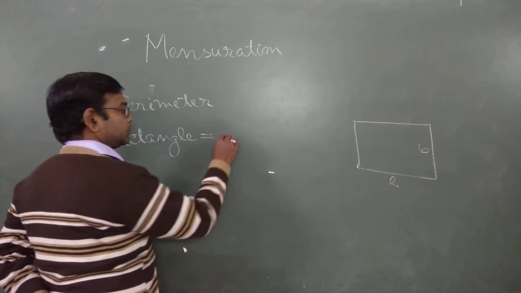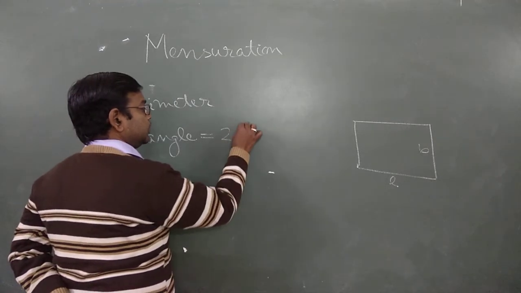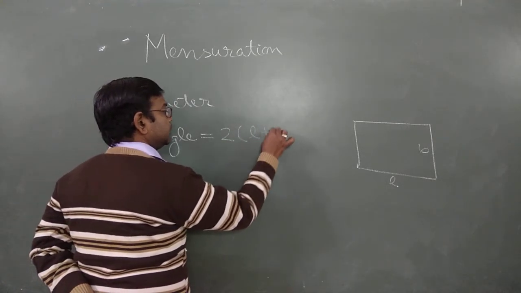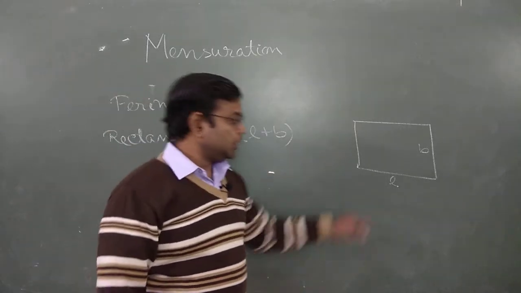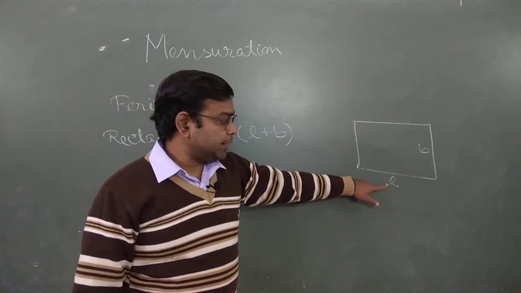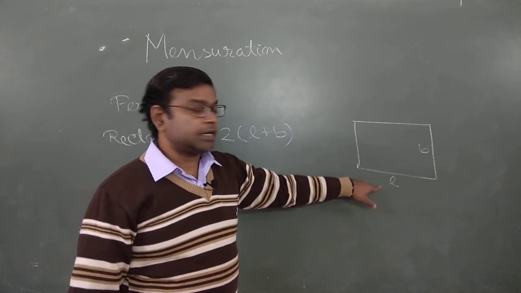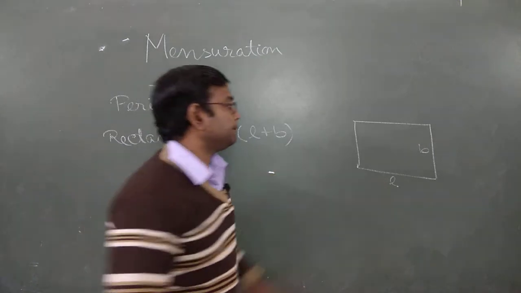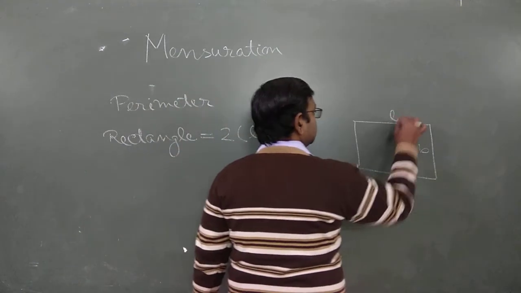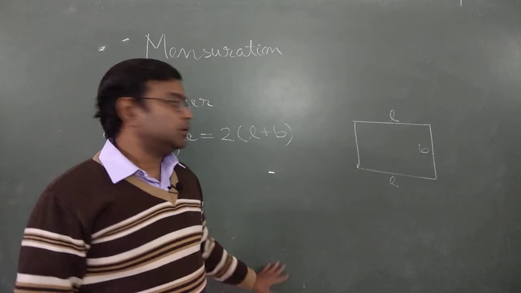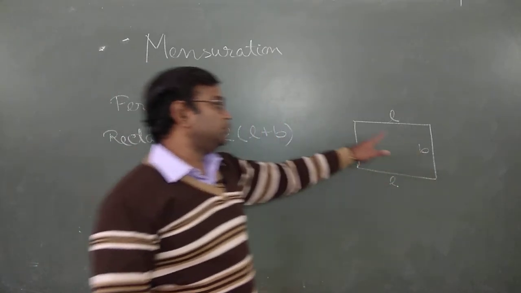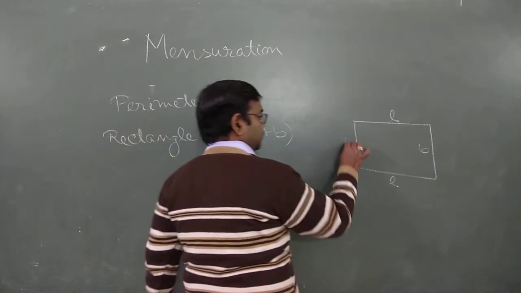It's 2 into length plus breadth. How does this come into the picture? As we know, in a rectangle the opposite sides are equal to each other. So this is your length, this is your length. Clear? And this is your breadth, this is your breadth.